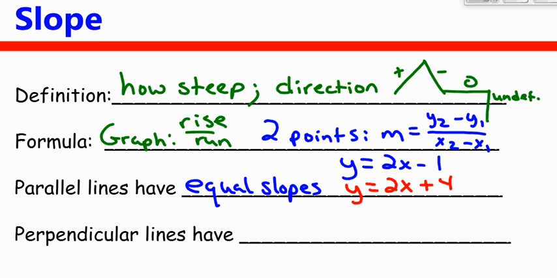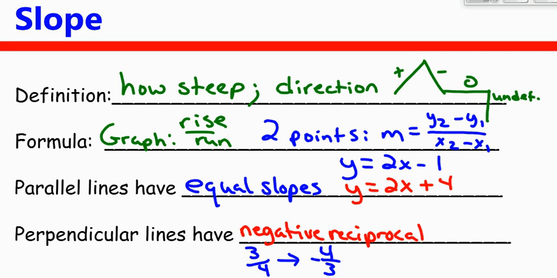Perpendicular lines have negative reciprocals. All right. So here's an example of a negative reciprocal. If I have a fraction that is 3/4, the negative reciprocal would be, I flip the fraction upside down and make it negative.